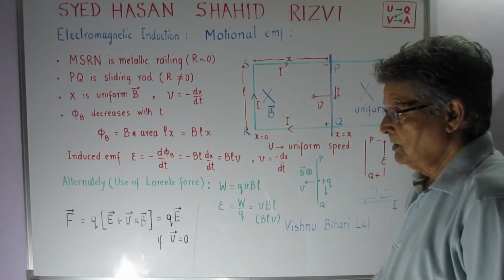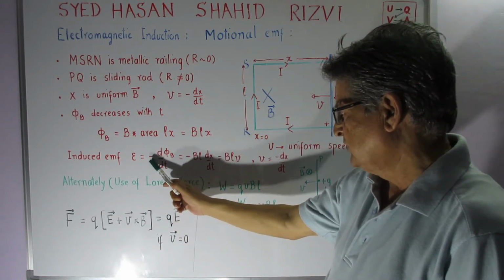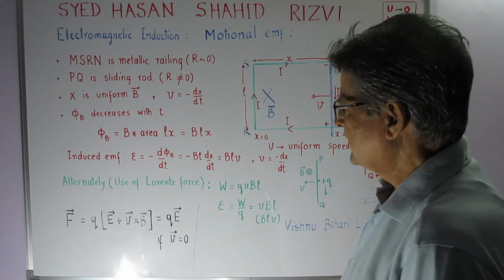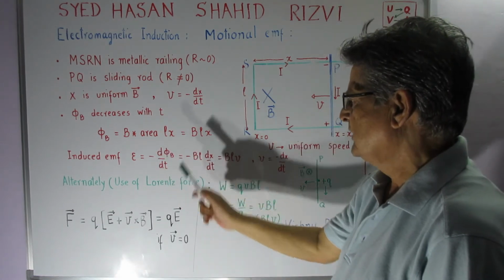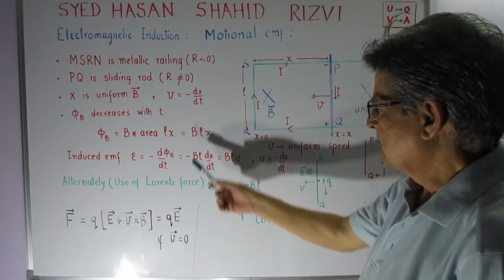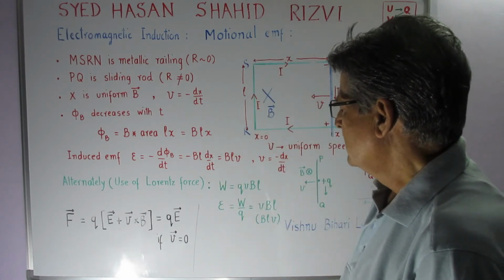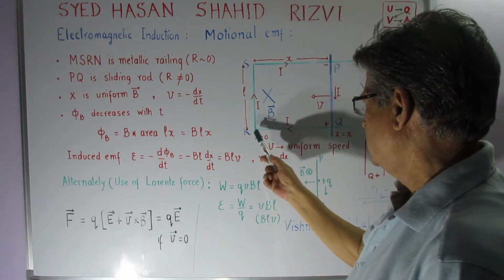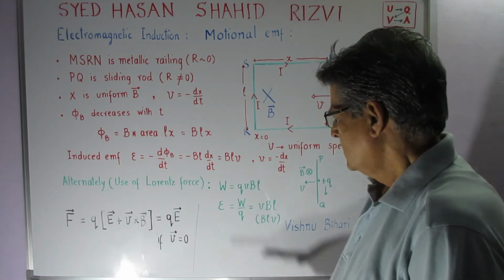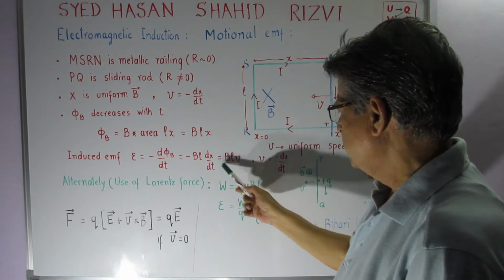Now the induced EMF, including the Lenz effect: Faraday-Henry-Lenz law says that E is equal to minus d phi b over dt. So B is a constant, L is a constant for a given magnetic field and for a given breadth of this railing, into dx by dt. Now minus dx by dt is equal to V, so I can write it as BLV.